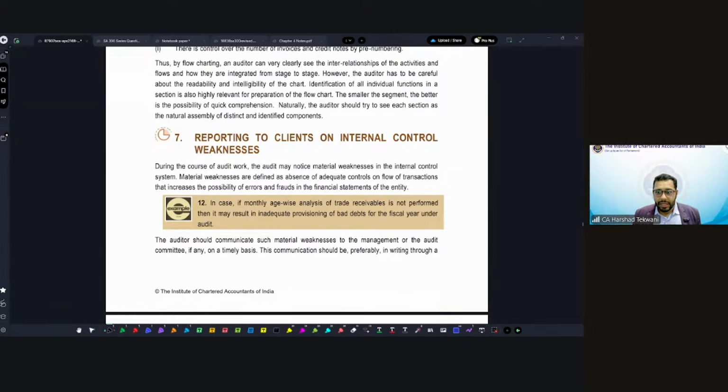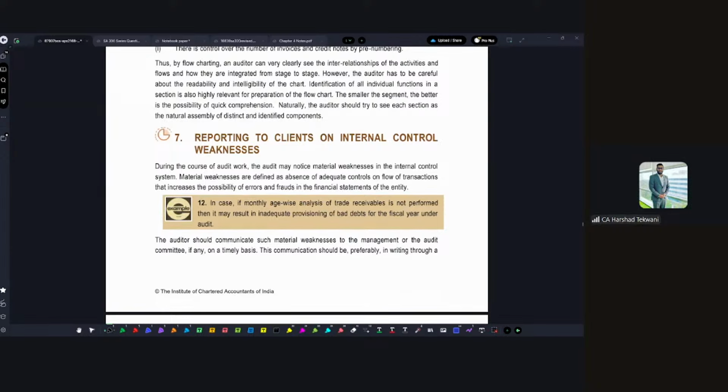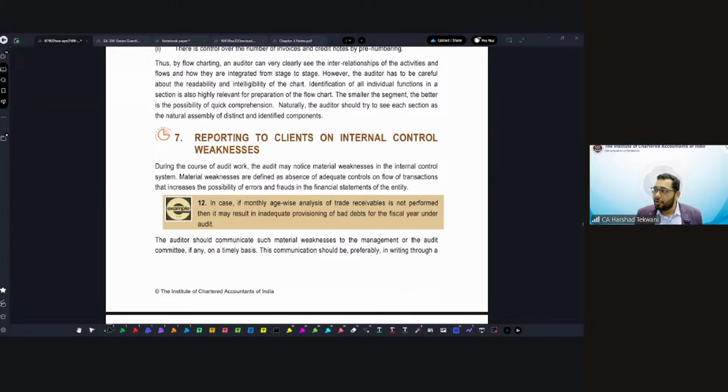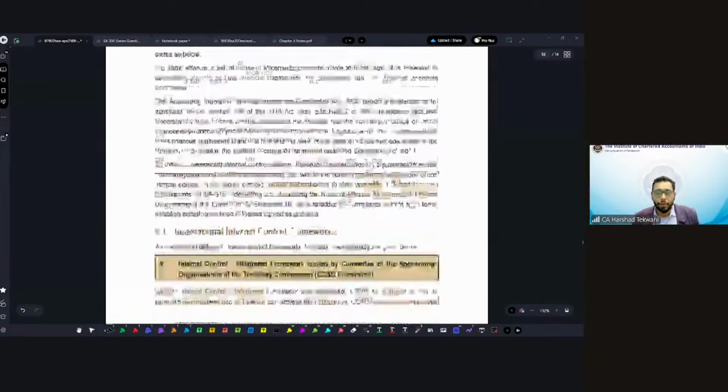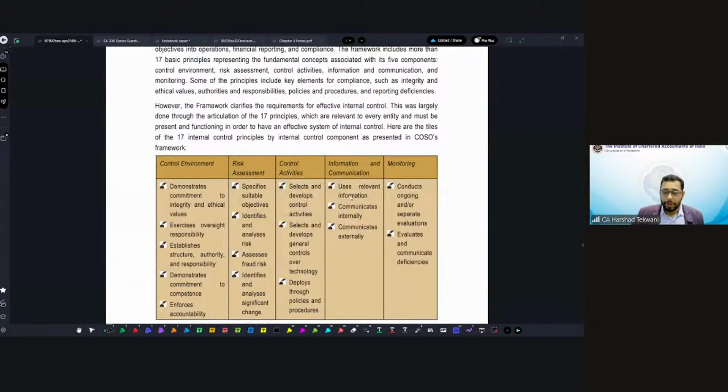So the one we are currently discussing is the COSO framework. It is divided into five component categories. If I talk about the internal control framework, there are multiple frameworks. The framework that we discussed with the five components is based on COSO: control environment, risk assessment, control activities, information and communication, and monitoring.